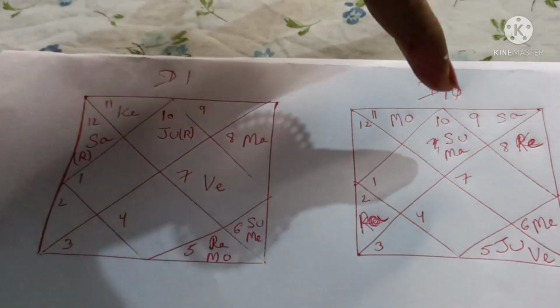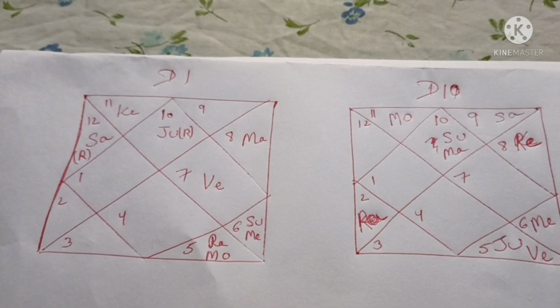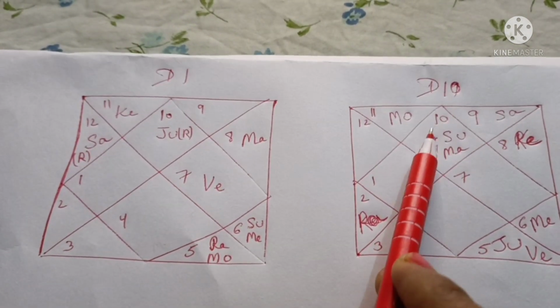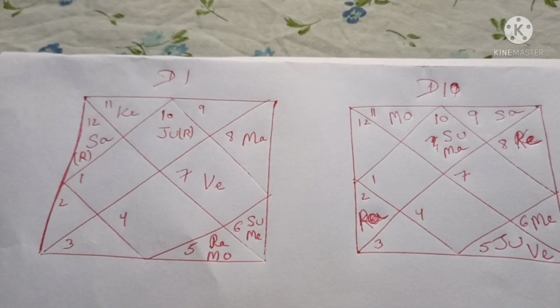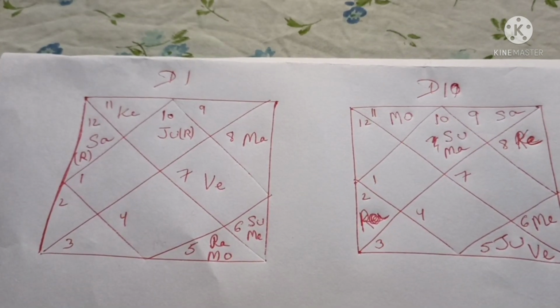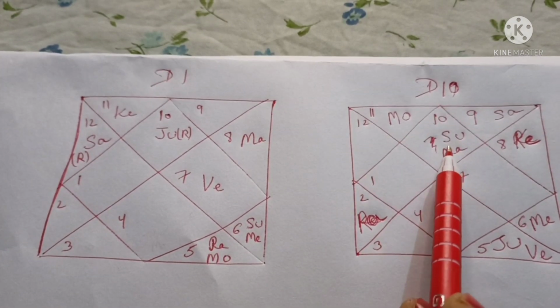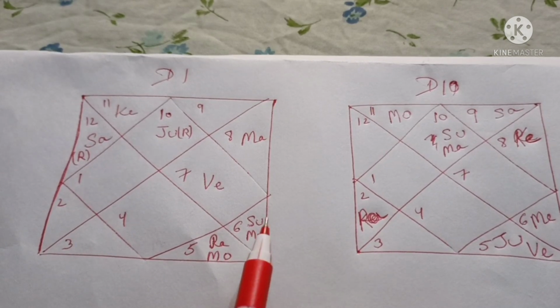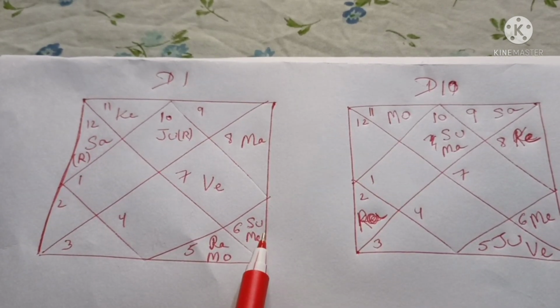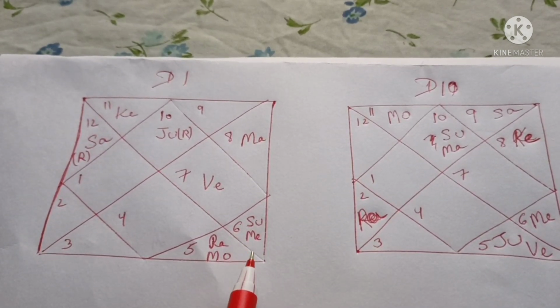And Capricorn sits in the first house, which means the native is highly intelligent, and with the help of her intellect she will be able to clear the exams. Now this Sun sits where? In the ninth house, in the Virgo sign, which shows she is highly intelligent.